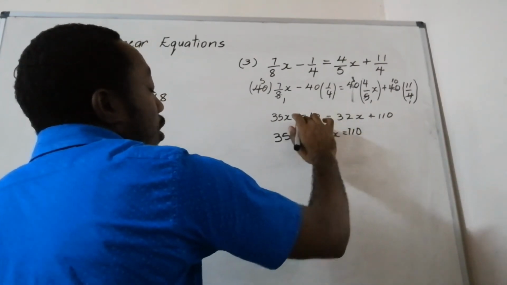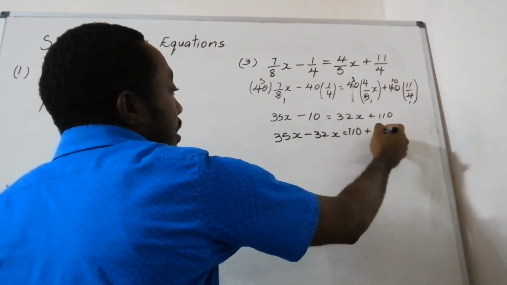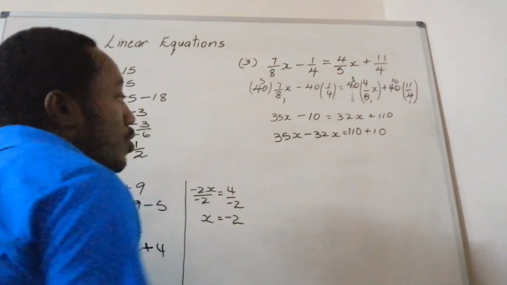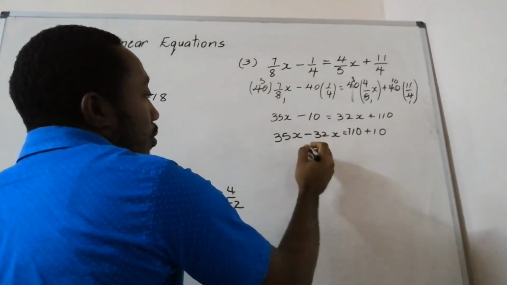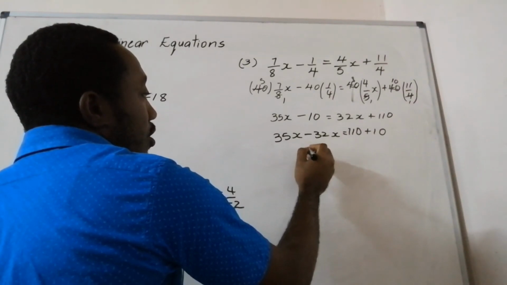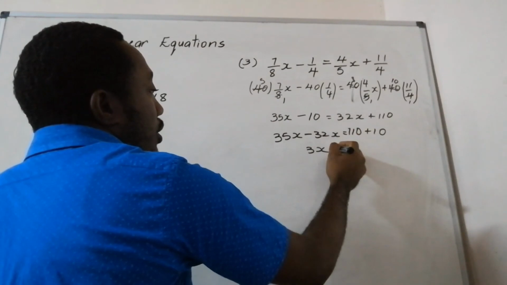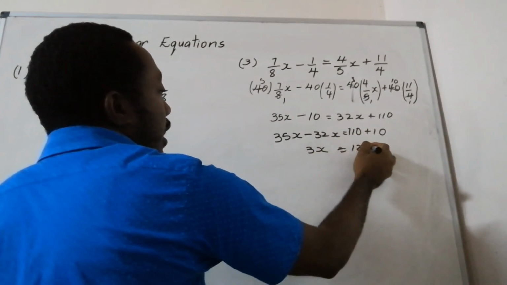And when that 10 goes over there, remember, it will become a plus 10. Right? It does the opposite when it goes over the equation. So 35 take 32 will give us 3x. 110 plus 10 will give us 120.